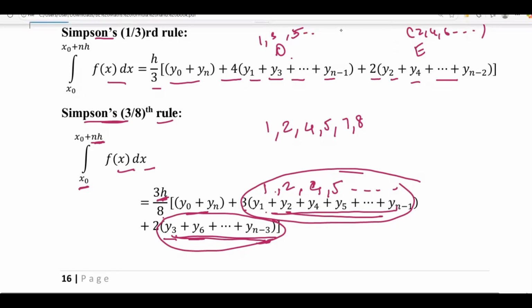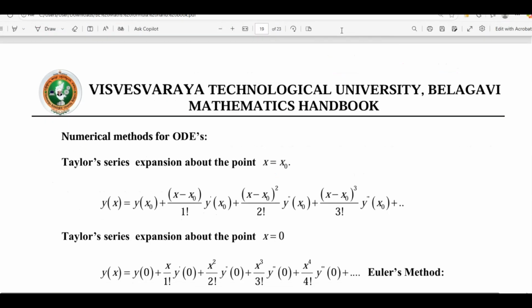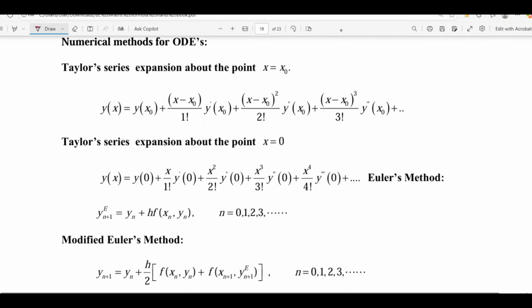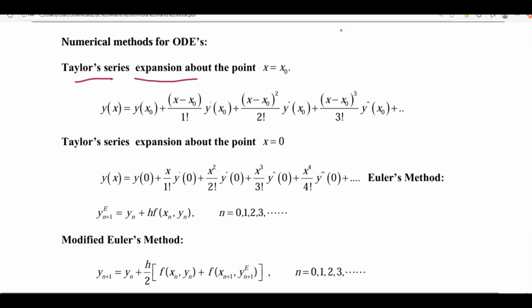Then next is numerical methods for ordinary differential equations. You have Taylor's series expansion about the point x equals x naught: y of x equals y of x naught plus (x minus x naught) divided by 1 factorial into y dash of x naught, plus (x minus x naught) whole square divided by 2 factorial into y double dash of x naught, plus (x minus x naught) whole cube divided by 3 factorial into y triple dash of x naught, and it goes on.